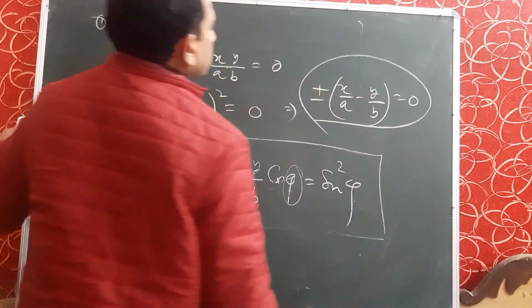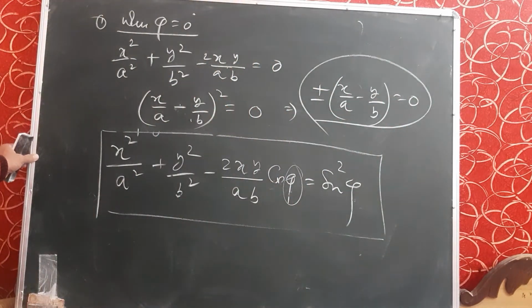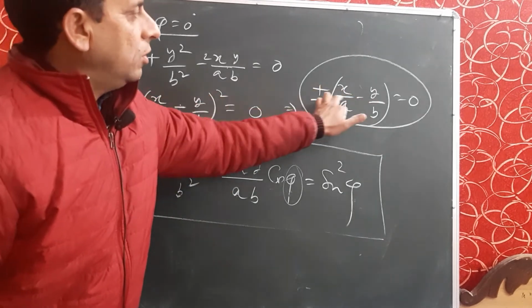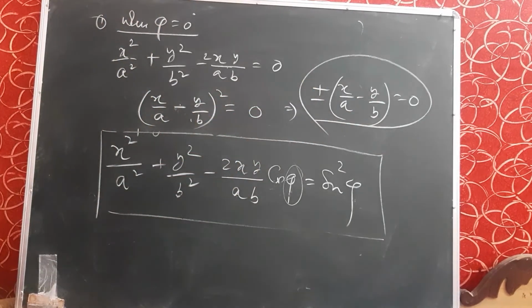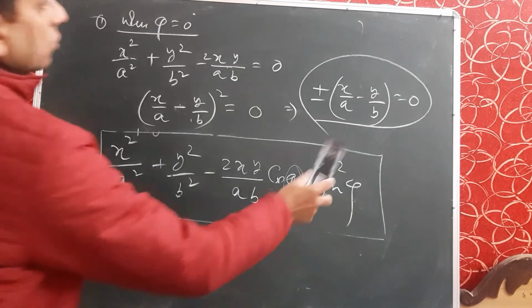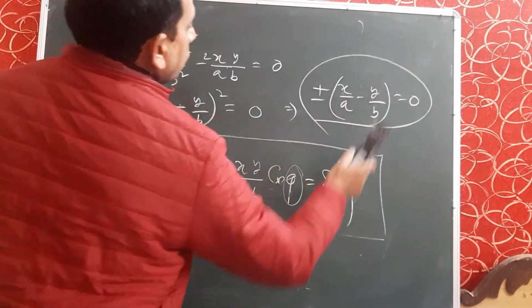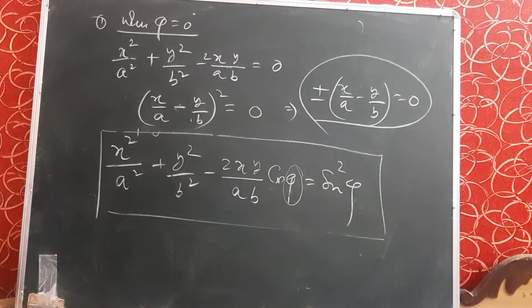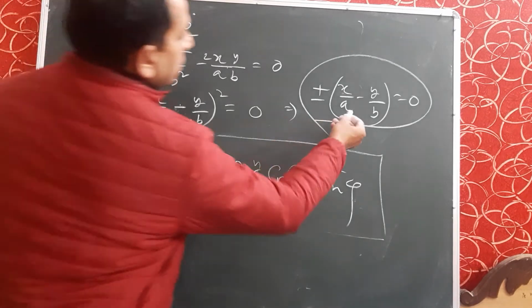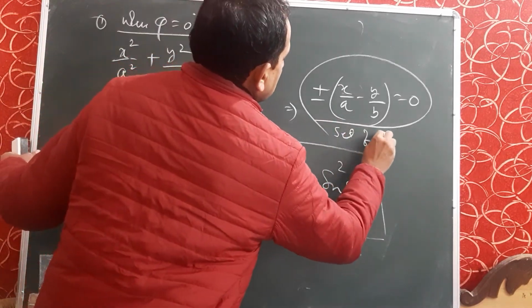So, it is nothing but the equation of a straight line. There are 2 equations of straight line because it is a linear equation. Why is it linear? Because the power of x as well as y is 1. You know that in the equation of a straight line the powers of variables x and y are 1.